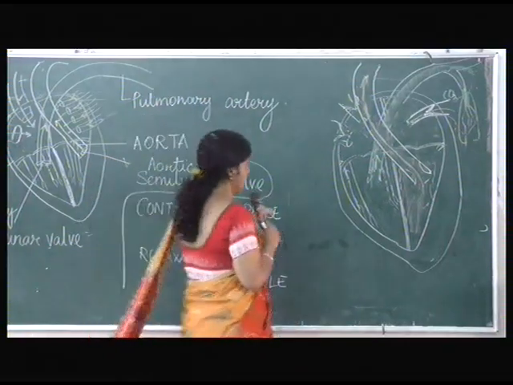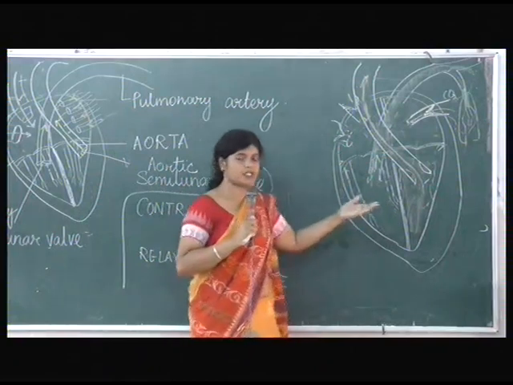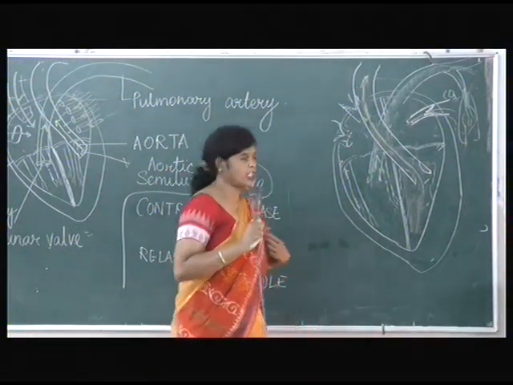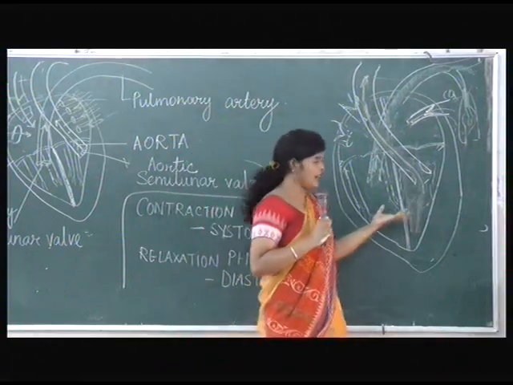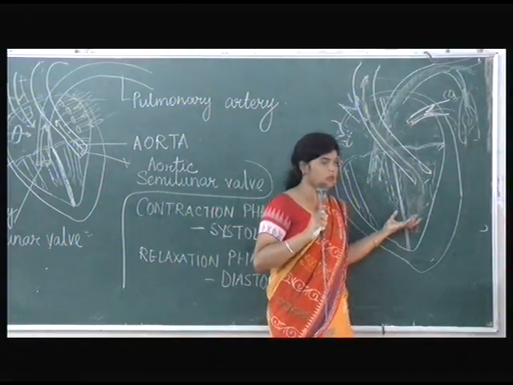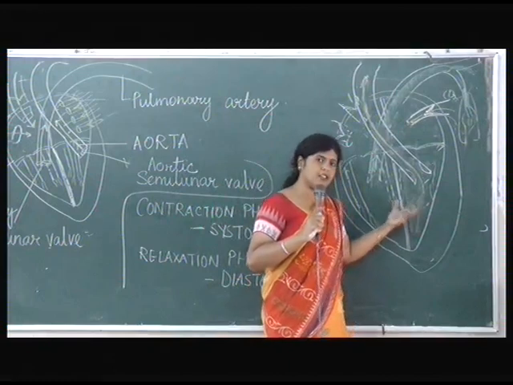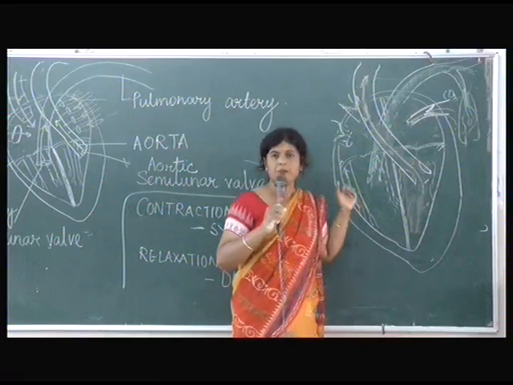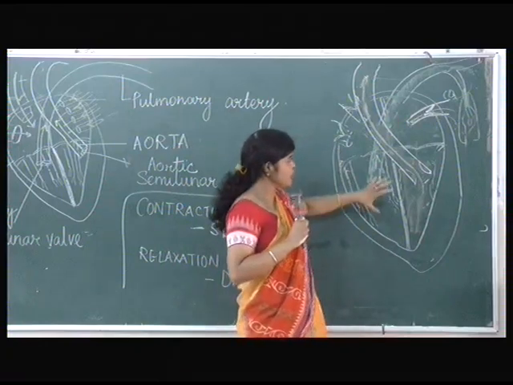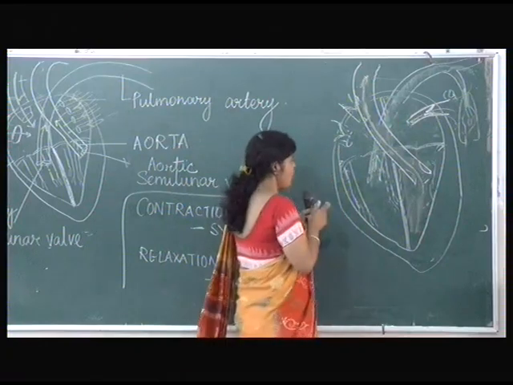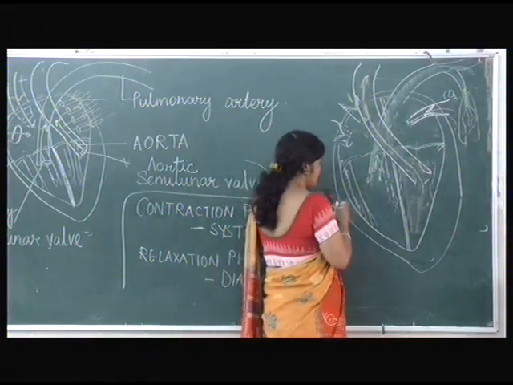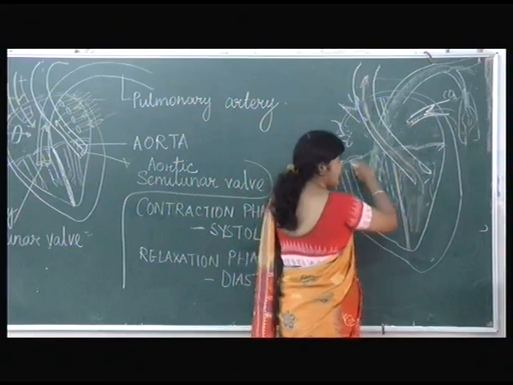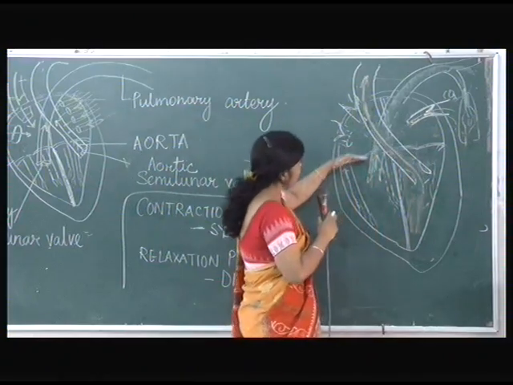One more thing is there. We have discussed everything, but we have not seen the importance of chordae tendineae. Is it clear? As I said, the ventricular pressure is more. Whenever the ventricles contract, the pressure is more, and there is a possibility that due to the high pressure on the blood, the cuspid valves can overturn.